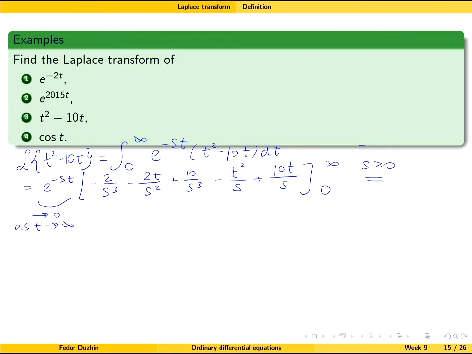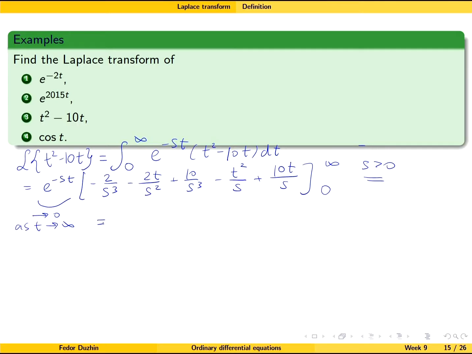But if s is positive, then the limit of e to the minus st is 0, and even the limit of e to the minus st times any polynomial is still 0, because the exponential function dominates any polynomial.